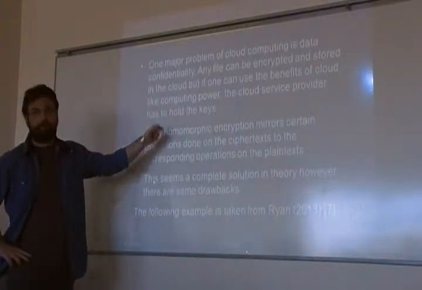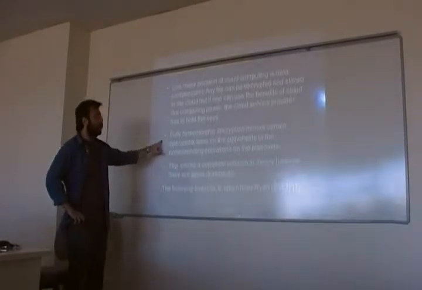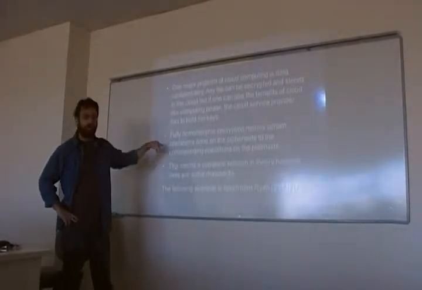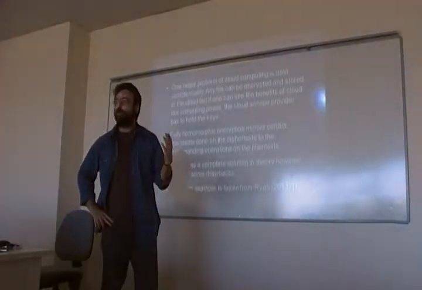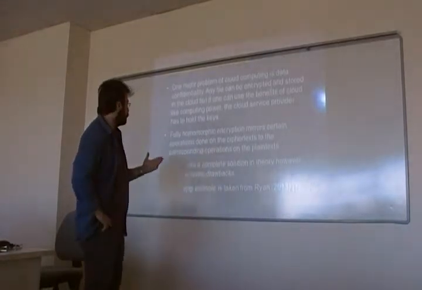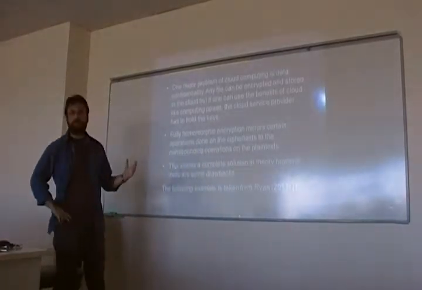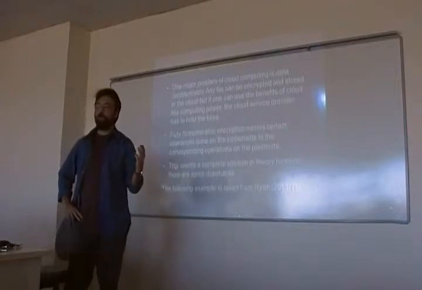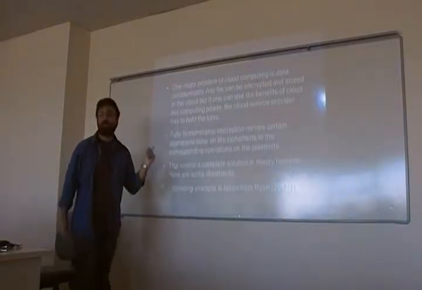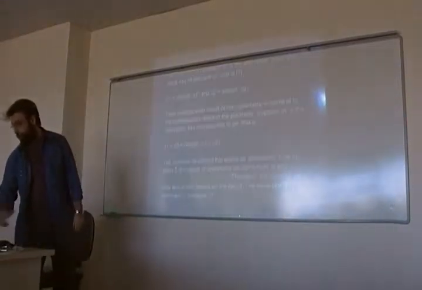You have to trust. But fully homomorphic encryption mirrors certain operations done on the ciphertext to the plaintext. So in theory, this seems a complete solution for the trust issue. But there are some drawbacks. Let's see them.